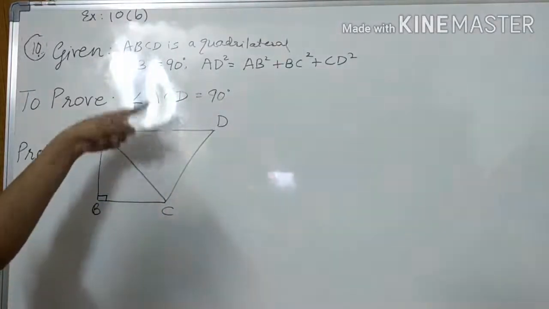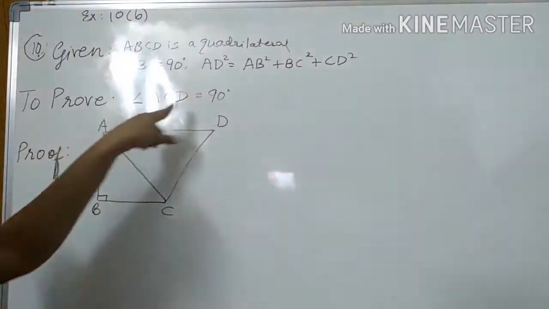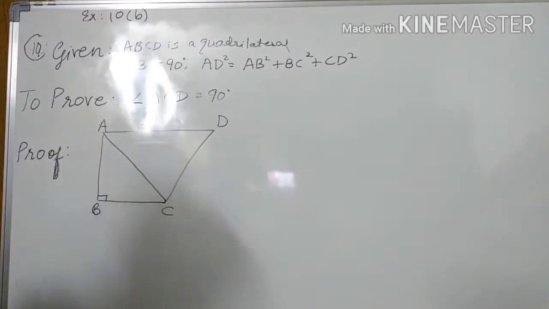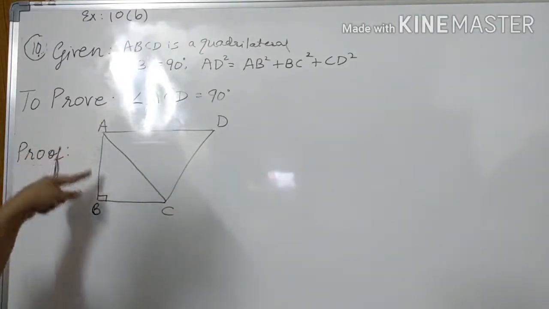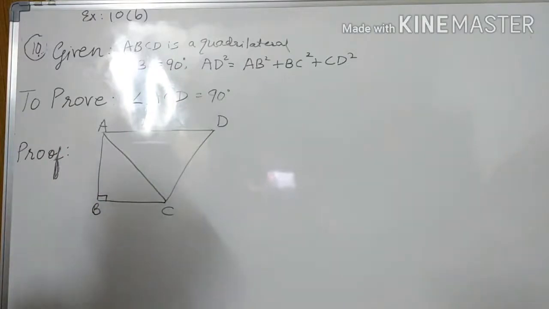Then only it will be proved that ACD is equal to 90 degrees. So for that, first of all, we start with this triangle ABC, which is 90 degrees. So we can use Pythagoras theorem in this triangle.